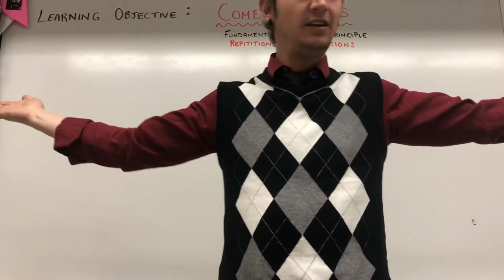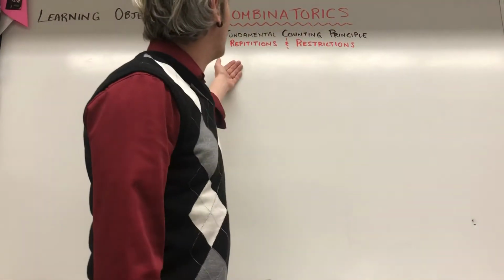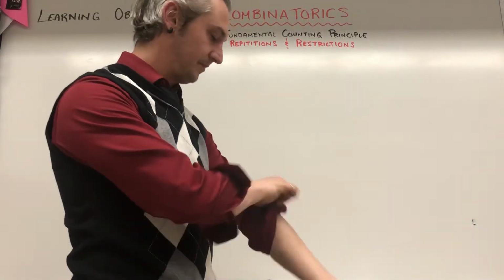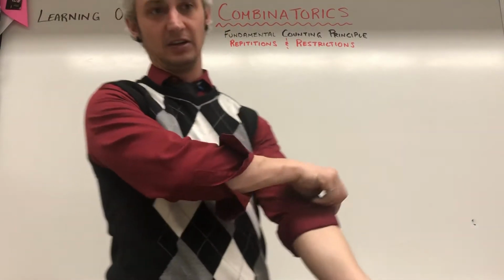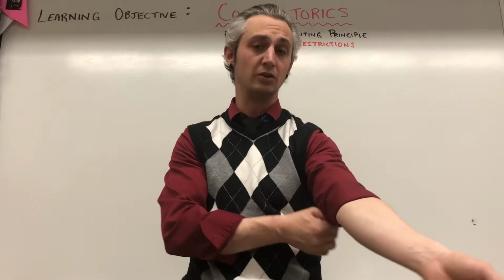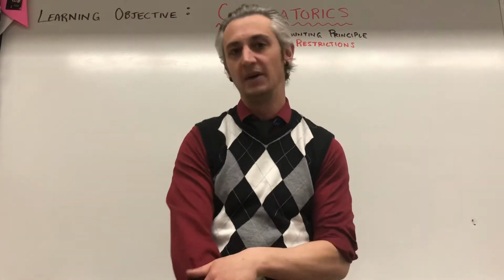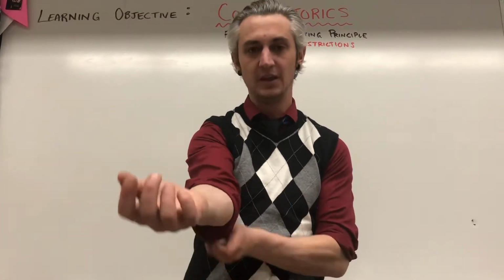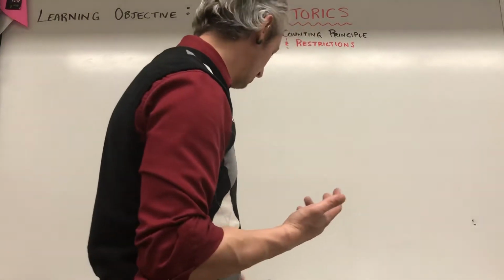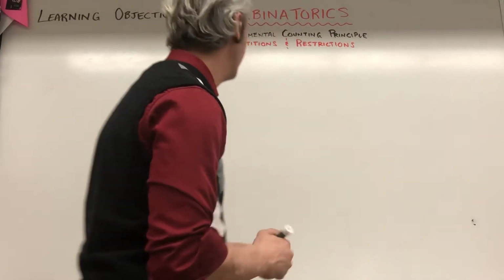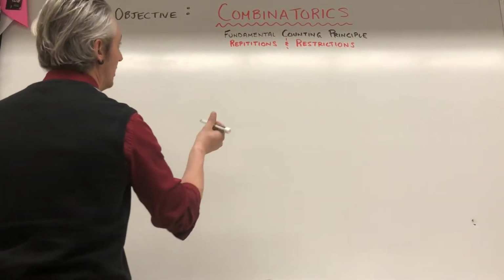Mr. Nelson here. We are talking about combinatorics, which is just an investigation of the different ways we can arrange objects, ideas, same thing. In the last video, our introductory video, we talked about the notion of factorial.